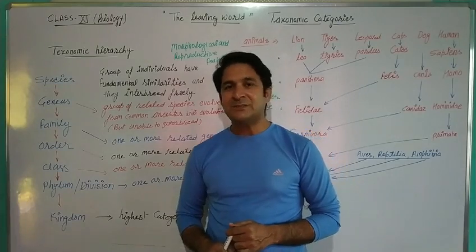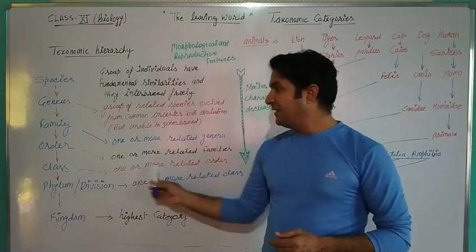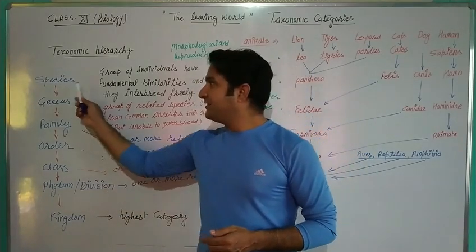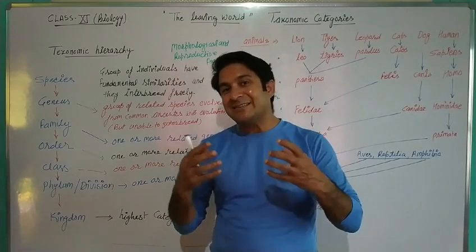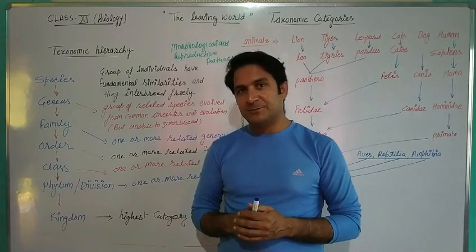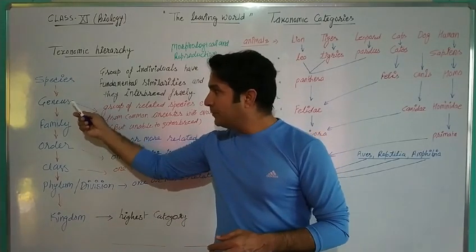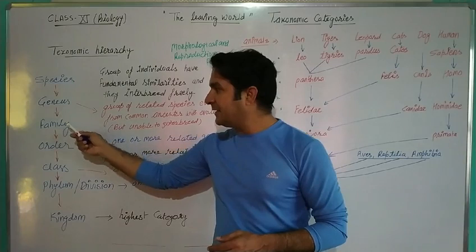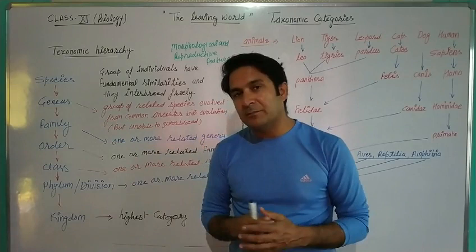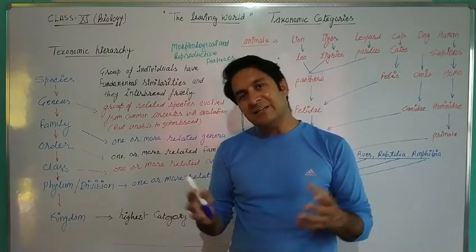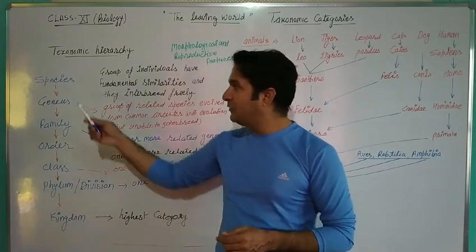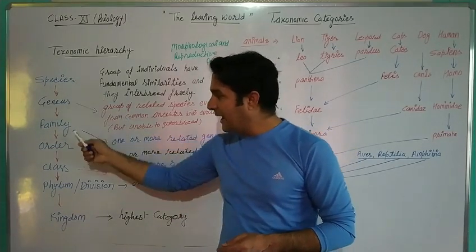Got it? Now, after this definition, we will see one thing here. In case of species, the characteristics are similar, either morphological or reproductive. But when we go from the lower categories to the highest category, differences will come in the characteristics, and the similar characteristics will decrease as you go from lower categories to the highest category.